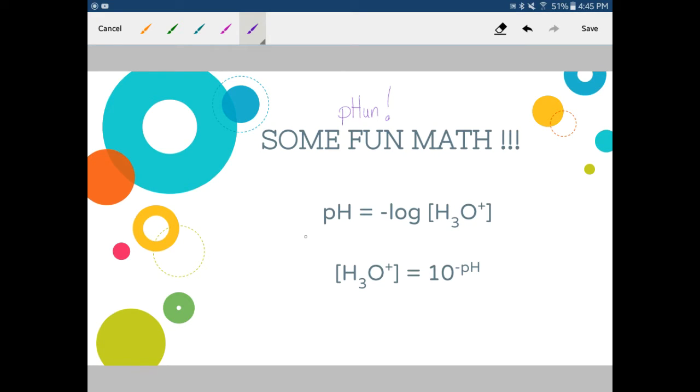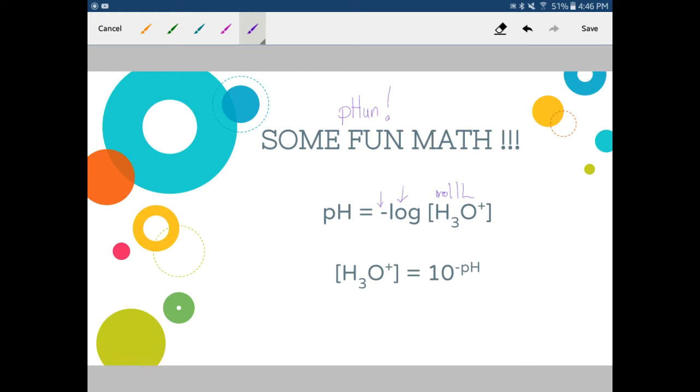So the pH is the negative log, because we have a logarithmic scale, so it's the negative log of our hydronium ion concentration. Essentially you just plug this into your calculator, you click the negative button, you click the log button, and then you type in your concentration. This is our concentration in moles per liter.